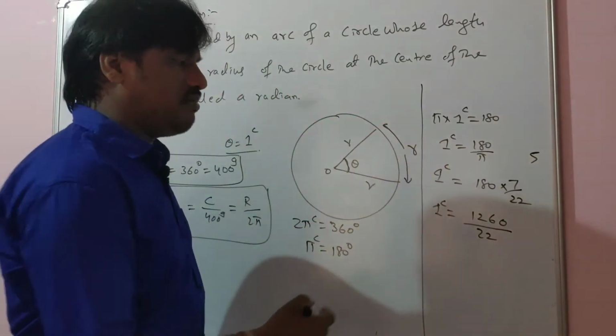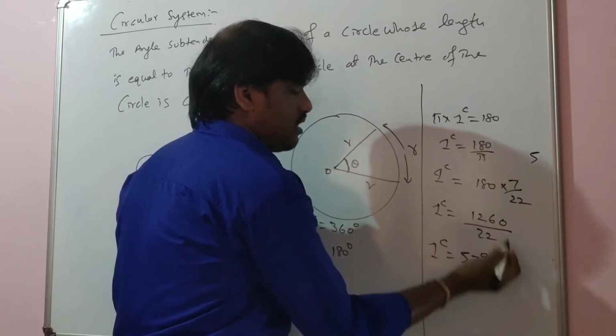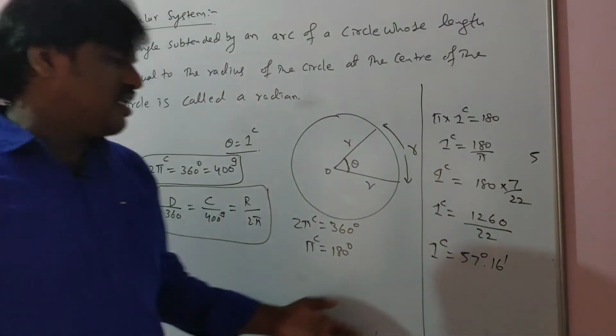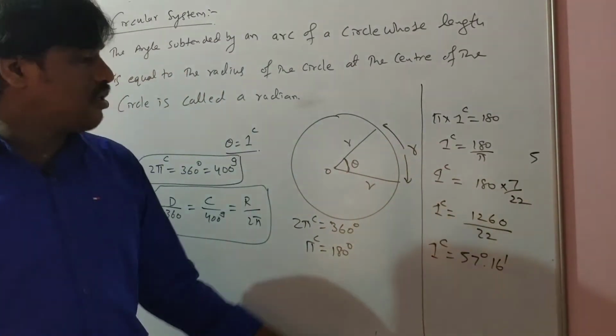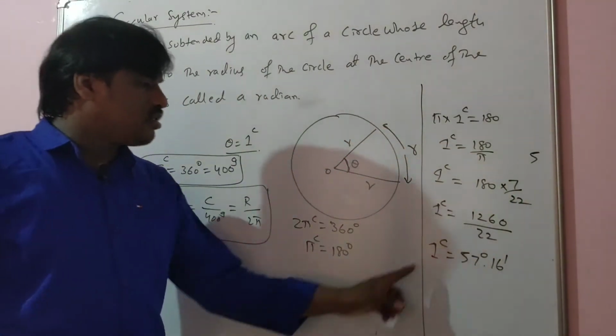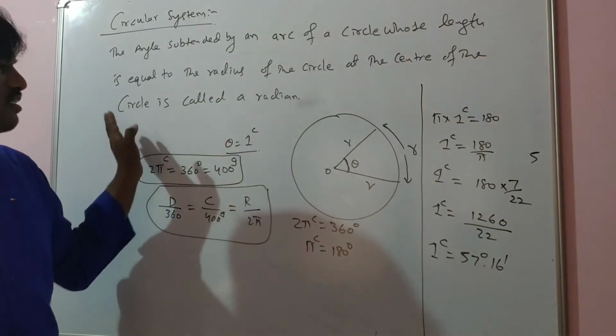You cancel and divide, and you get 57 degrees 16 minutes. So approximately 1 radian will be 57 degrees 16 minutes. So 1 radian is equal to about 57 degrees. Hope you understand this relationship.